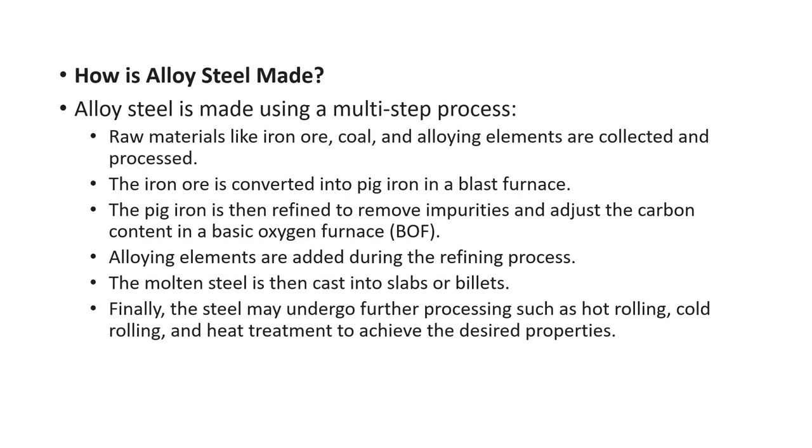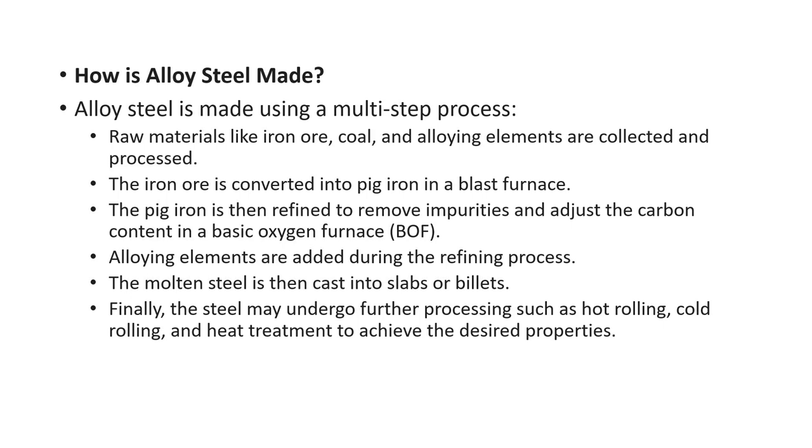The iron ore is converted into pig iron in a blast furnace. Pig iron is required to form alloy steel, and it is formed in a blast furnace. The pig iron is then refined to remove impurities and adjust the carbon content in a basic oxygen furnace.